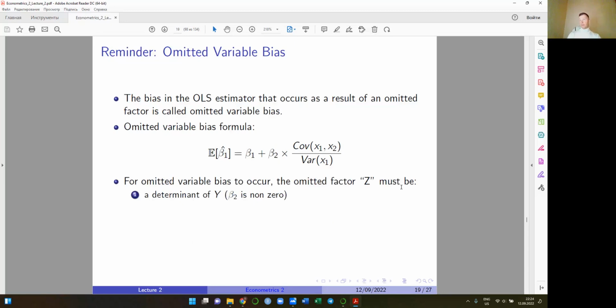So the omitted variable or the omitted factor, let's denote it z, must be a determinant of y, so this beta 2 must not be 0. This beta 2 is the beta from the true population model. And the second condition for omitted variable bias to appear is that this omitted factor must be correlated with the regressor.